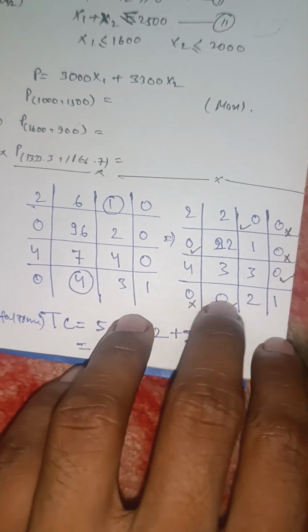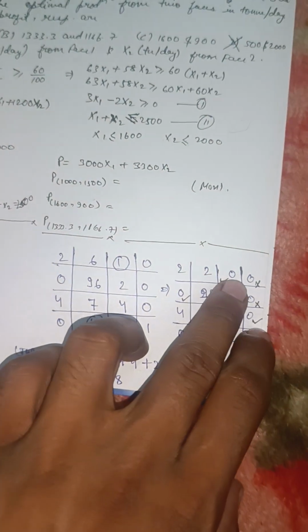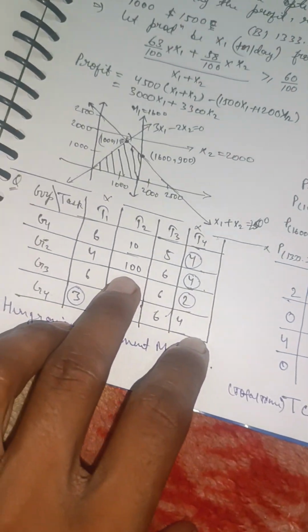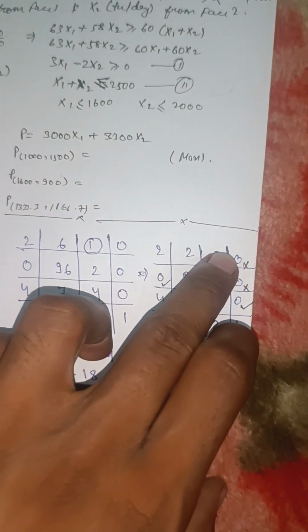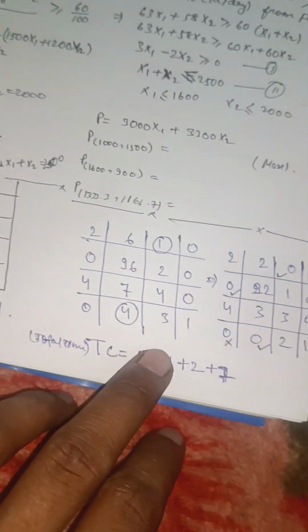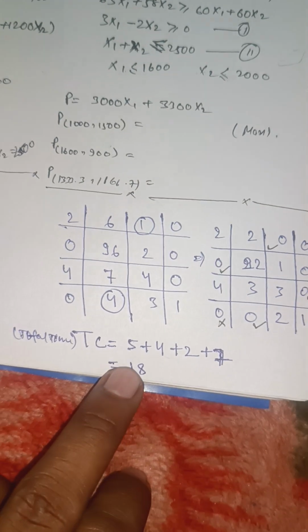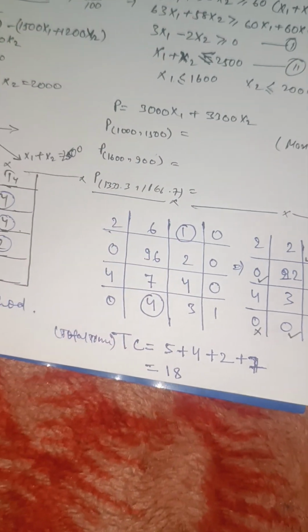So we got our 4 elements, 1 2 3 4, and which represents 5. This 0 represents 5 and this 0 represents 4. So likewise 5 plus 4 plus 2 plus 7, and we got the answer 18. Done.